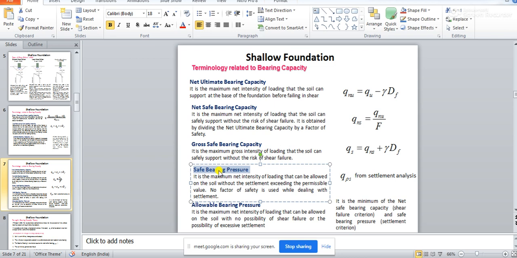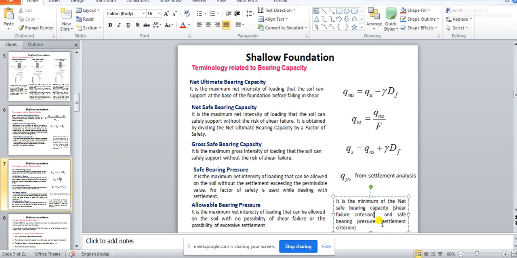But here you need to understand safe bearing pressure, because soil may fail under the load because of shear failure or settlement failure under any foundation. So allowable bearing pressure will be the minimum of net safe bearing capacity and safe bearing pressure, okay.